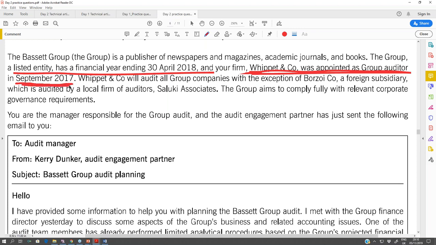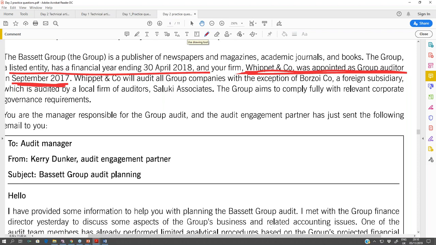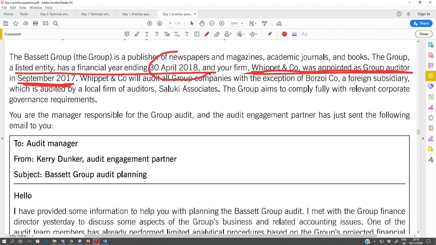And what's the year end of the company? April 30th, 2018. So is it the first year audit I am doing as Whippet? Can you all understand that? My firm was appointed in September 2017 and the year end of the company is 30th April 2018. So will this be the first year audit for Whippet of the Bassett Group?